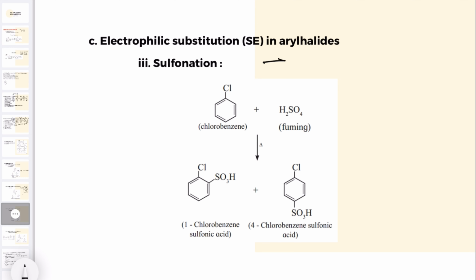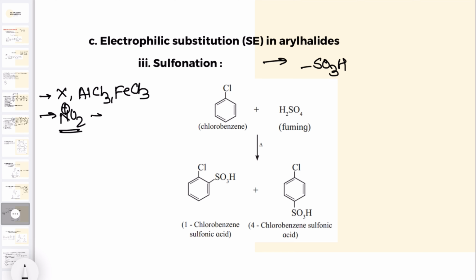The next reaction is sulfonation. Sulfonation means which group is added to the ring, that is the sulfonic acid group SO3H. In halogenation, halogen is attached in presence of AlCl3 or FeCl3 as a Lewis acid. For nitration, the reagent used is concentrated HNO3 and concentrated H2SO4.